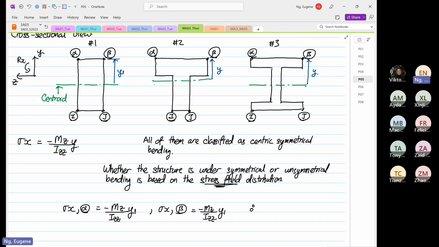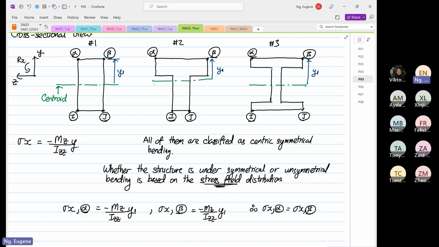So therefore, stress X at point alpha is equal to stress X at point beta. For all of them, if I call this 1, alpha and beta use the same formula. So stress alpha is equal to stress beta for shape number 1.